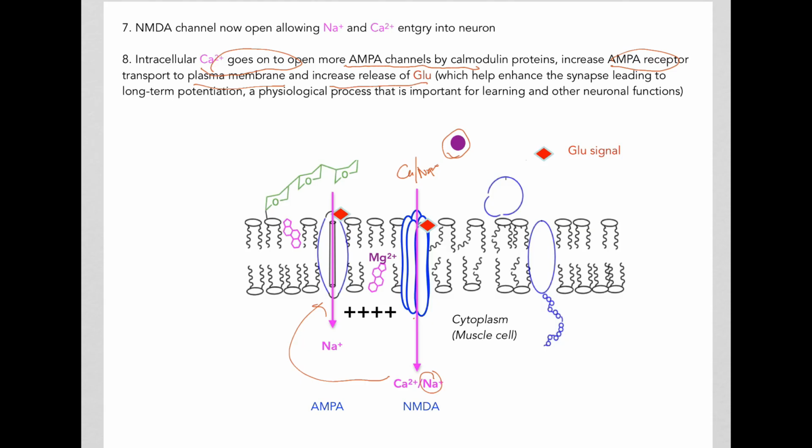So all of these processes will enhance the synapse, and that leads to a long-term potentiation. This is a physiological process that is very important for learning as well as other neuronal functions. So these AMPA, NMDA channels play a very important role in learning as far as the brain is concerned.